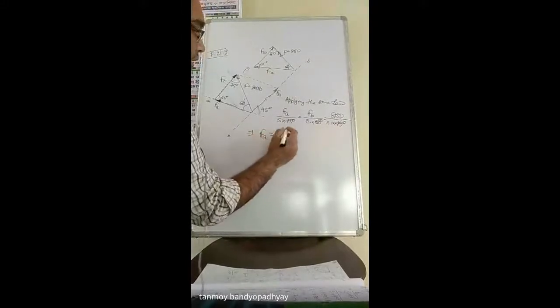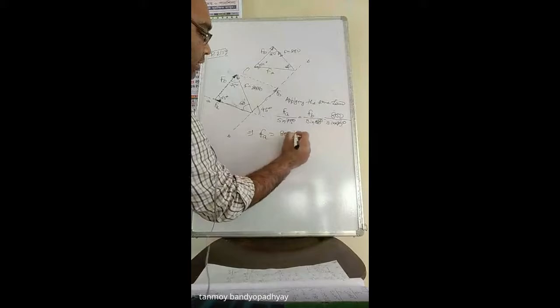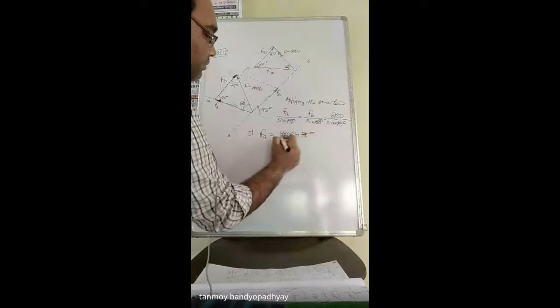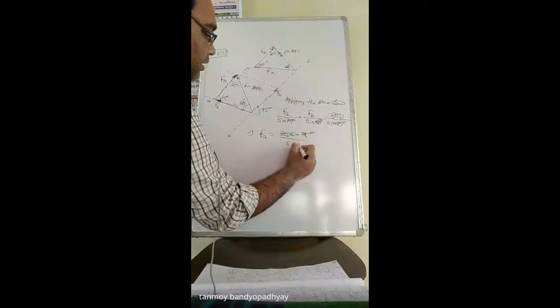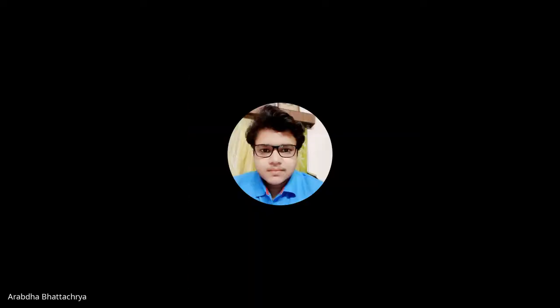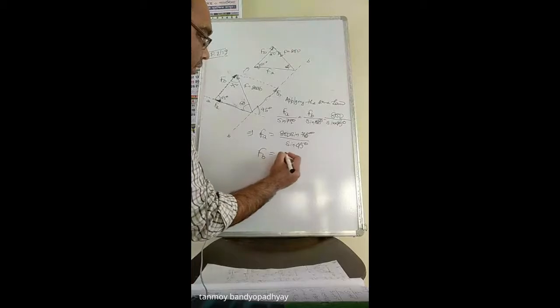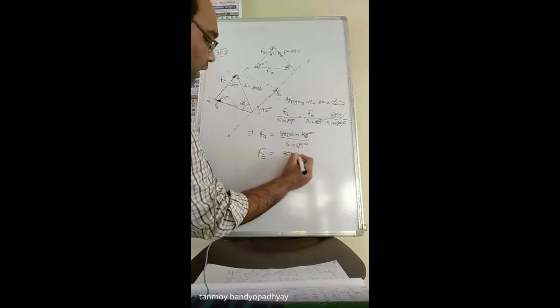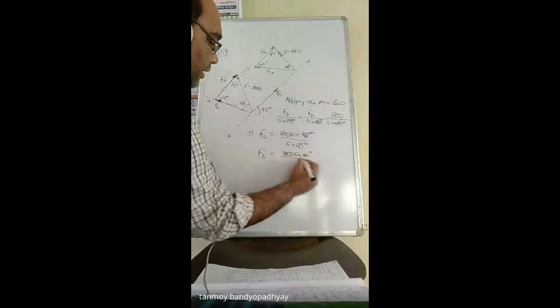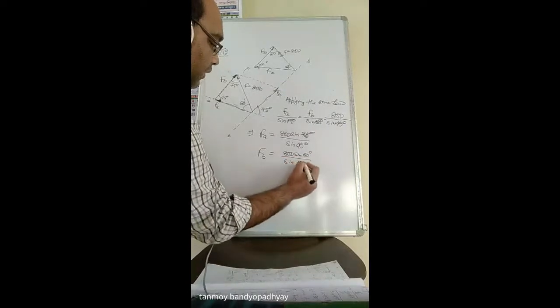If you solve this, you should be getting FA equal to 800 sine 75 degrees divided by sine 45 degrees. Okay? And similarly FB will be equal to 800 sine 60 degrees divided by sine 45 degrees. So these are the components of the force.